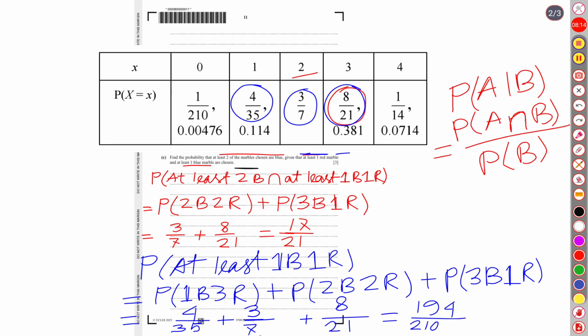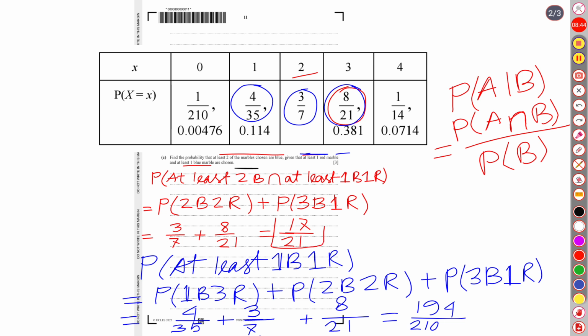That's why first of all we found the probability of the intersection of both quantities, that means at least two blue marbles as well as at least one blue and one red. Then we found the case of only one blue and one red, for which there are three possibilities.